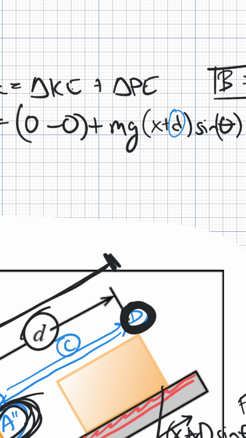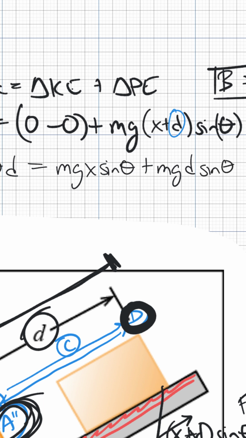Negative mu mg cosine theta times D equals mgx sine theta plus mgd sine theta minus 1/2 kx squared. Okay, cool. So I want to get these 2 together.